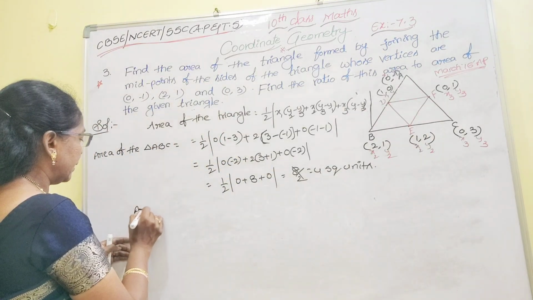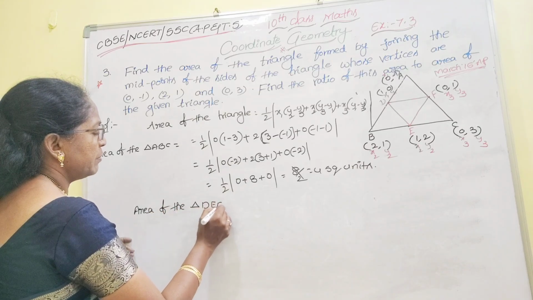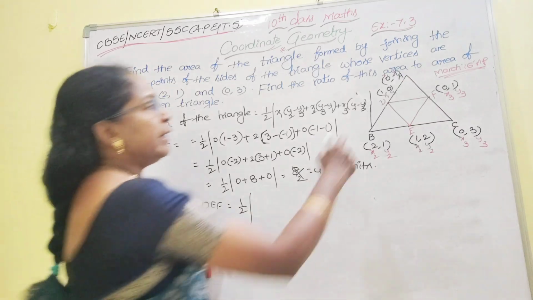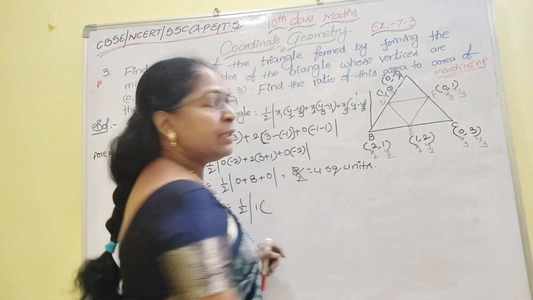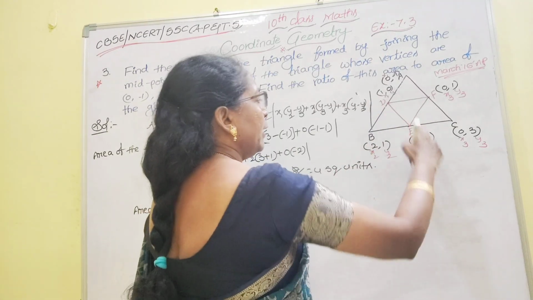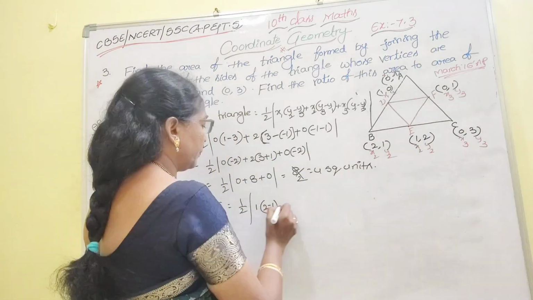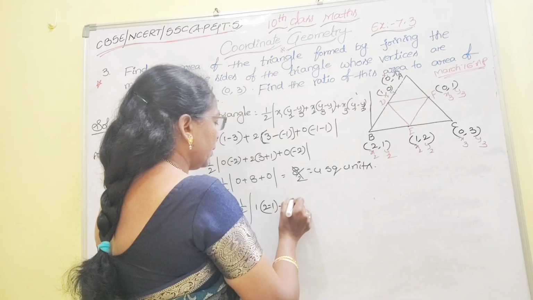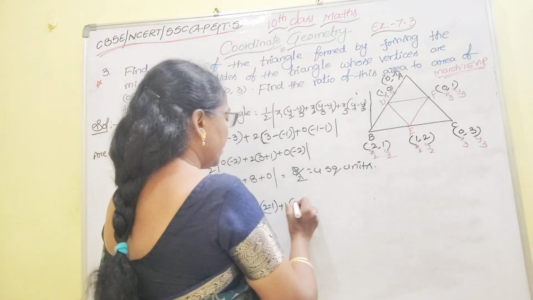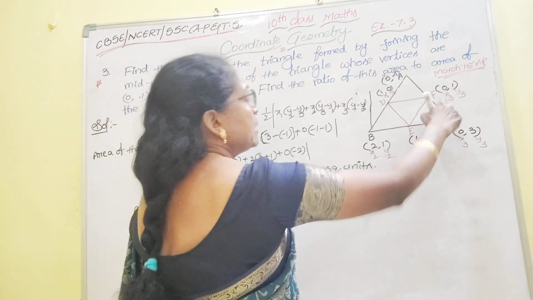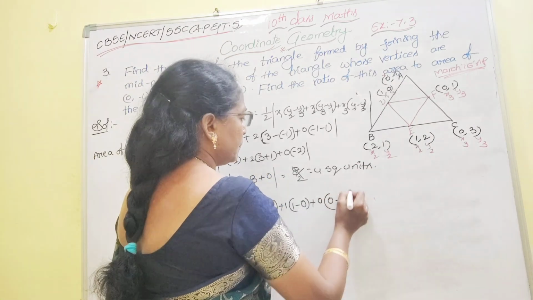Now you have to find out the area of the triangle DEF. Area of the triangle DEF equal to half modulus of, here x1 equal to 1 into y2 minus y3, where y2 equal to 2 minus y3 equal to 1, plus x2 equal to 1 into y3 minus y1, equal to 1 minus y1 equal to 0, plus x3 equal to 0 into y1 minus y2, that equal to 0 minus 2.